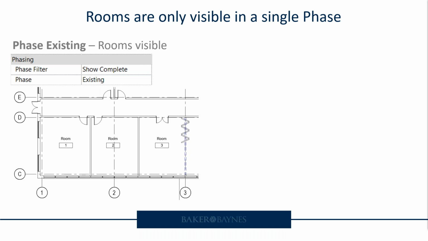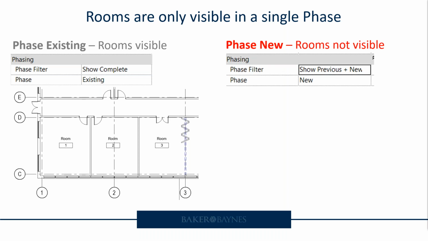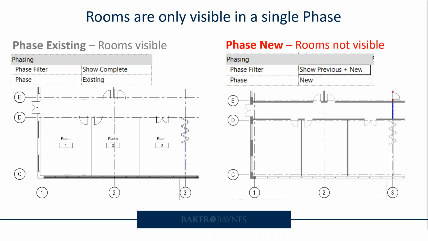When I, however, change the phase of that same view to new, you won't be able to see the rooms. Okay, so rooms, you can't change your room phases once it has been created. And sorry for that. And also rooms can't be demolished.